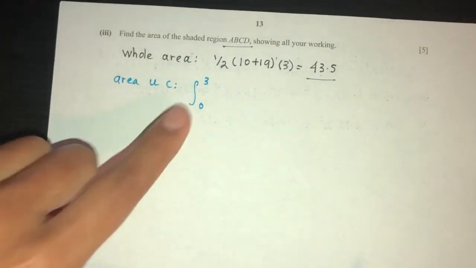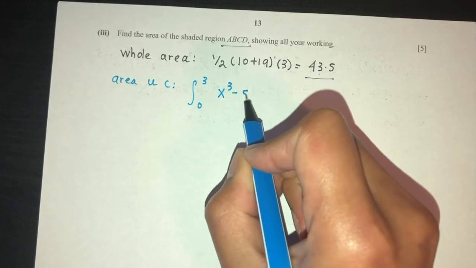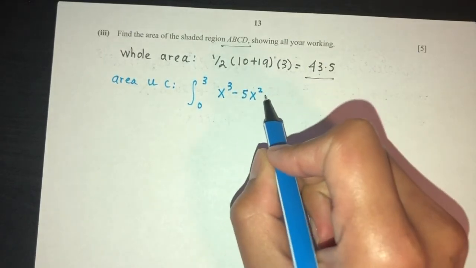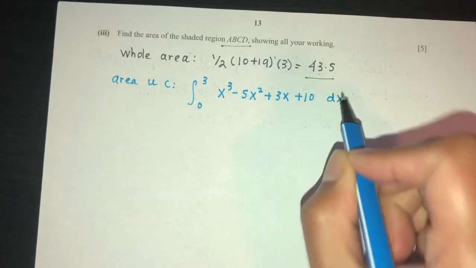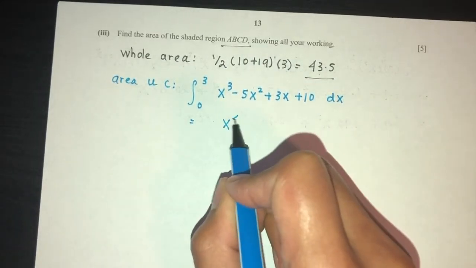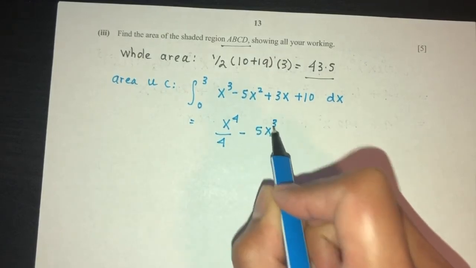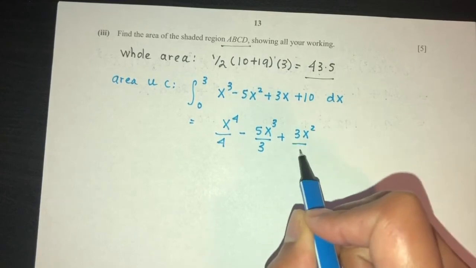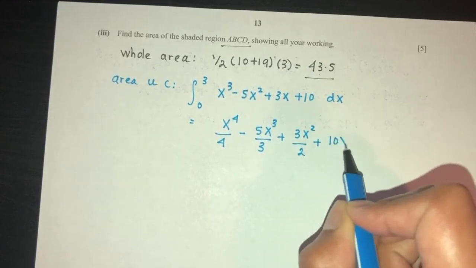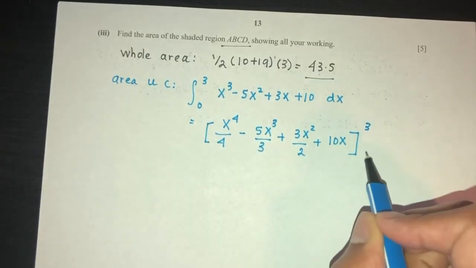So let's do that. y is equal to x to the power 3 minus 5x squared plus 3x plus 10, dx. That should give you x to the power 4 divided by 4 minus 5x to the power 3 divided by 3 plus 3x squared divided by 2 plus 10x, between the limits of 3 and 0.